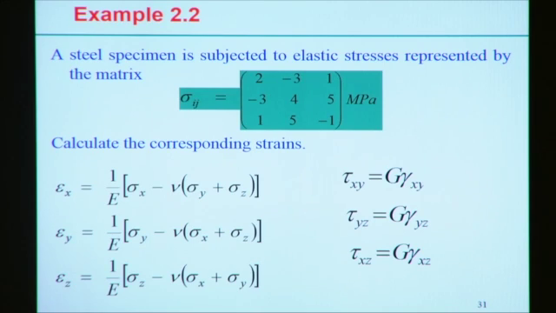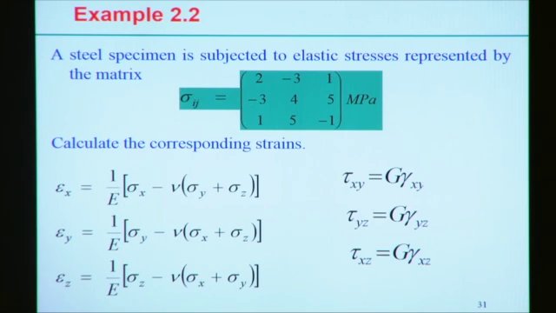Since the stresses are given, we can find out exactly the stresses from the given matrix. But how to find out the different stresses from this matrix? Let us see. The first component of the matrix, the 1 1 component, is equal to sigma x, and the numerical value is 2 here.